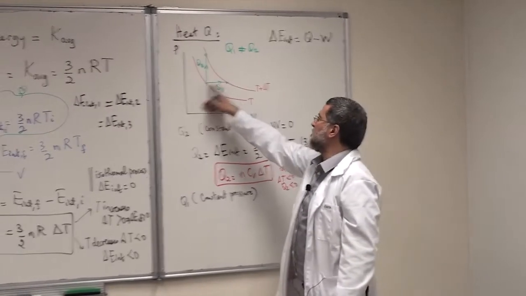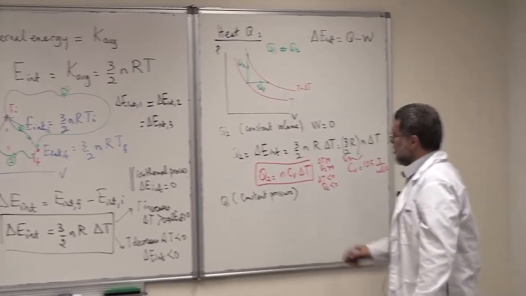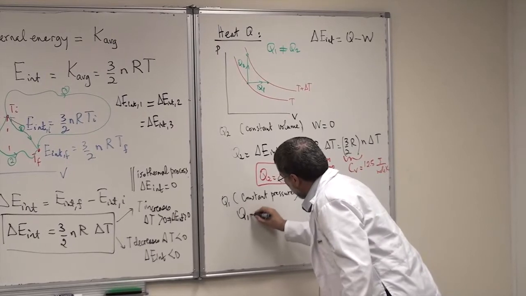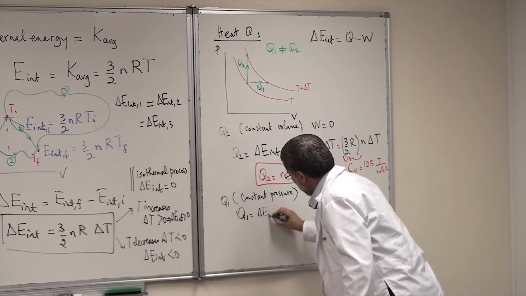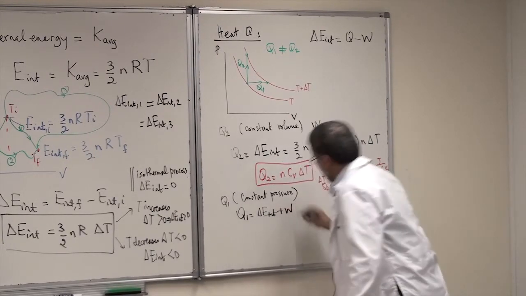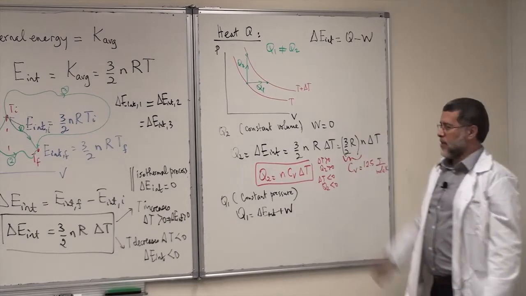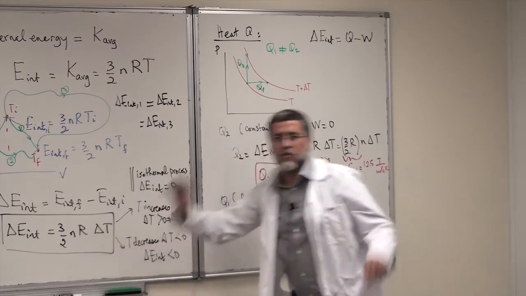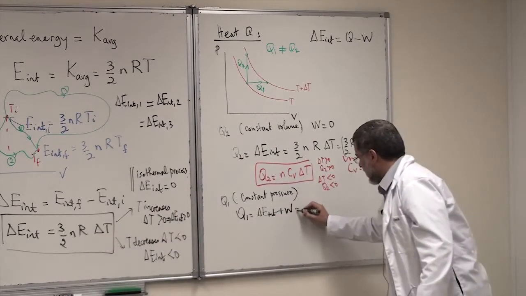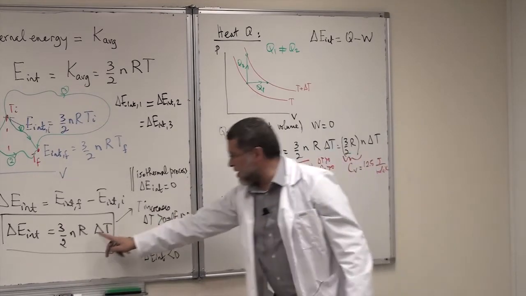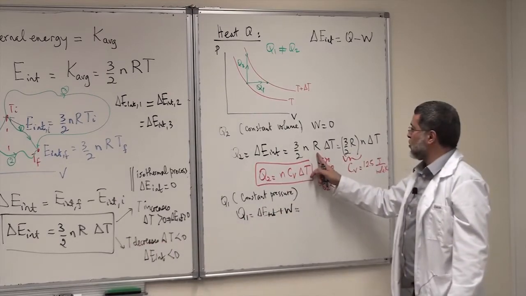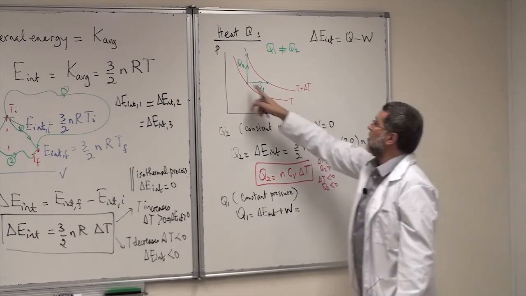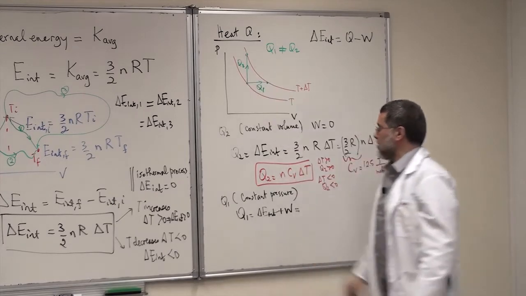So again, I'm going to use Q1 equals delta E internal plus the work. You take the work to the other side, okay? And delta E internal, again, is the same expression, it doesn't change, because remember that delta T is the same for both of them. T initial and T final are the same for both processes.